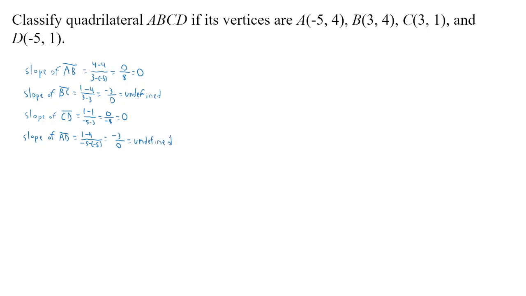So now that we found the slopes of the sides, let's compare the slope of AB to the slope of CD. They are equal. That means that segment AB and segment CD are parallel. The slope of BC and the slope of AD are equal. This means that segment BC is parallel to segment AD. So now we know that the opposite sides are parallel. We know so far we have a parallelogram.